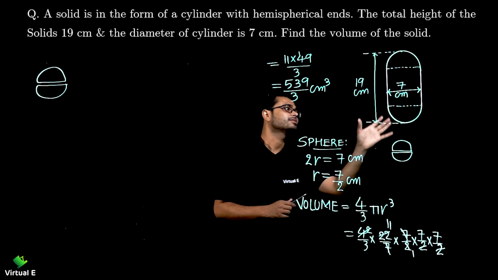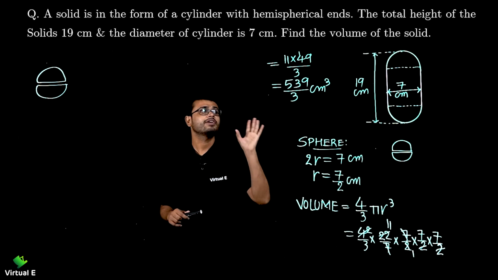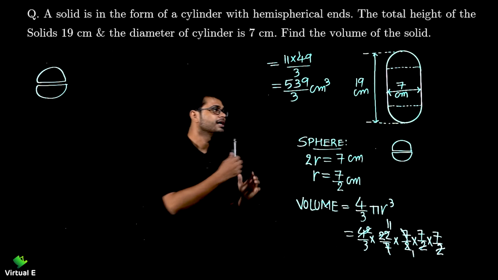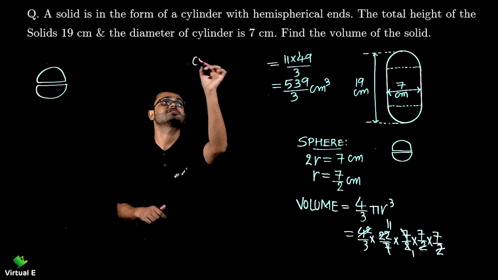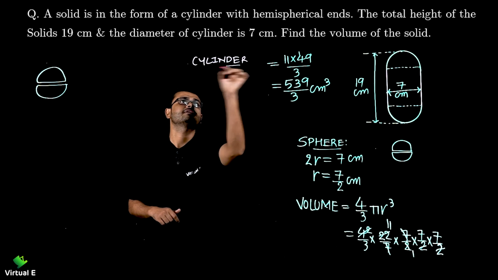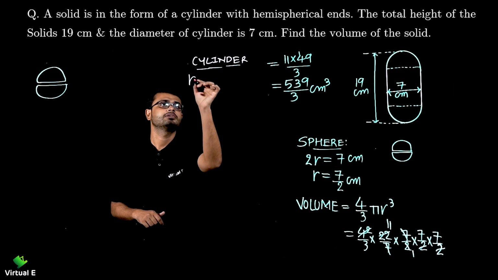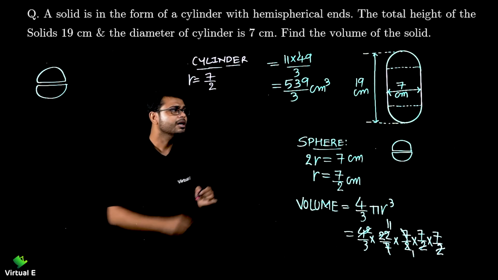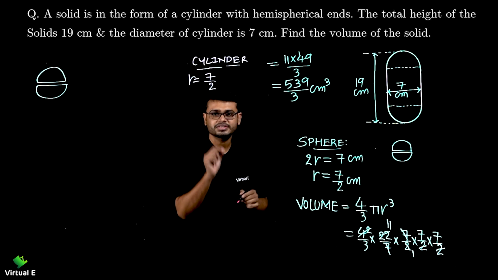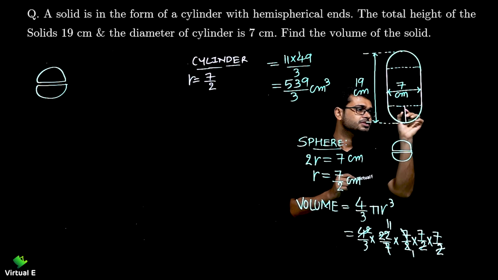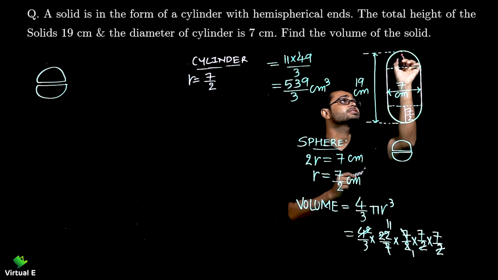Now let's talk about this cylinder. We are going to find the volume of the cylinder and add it to the sphere. That's a very simple arrangement. So cylinder it is. For the cylinder, you need the radius, which is the same as the sphere, 7 by 2. But what about the height? Remember we discussed this as well, right? This is 7 by 2, this is also 7 by 2.